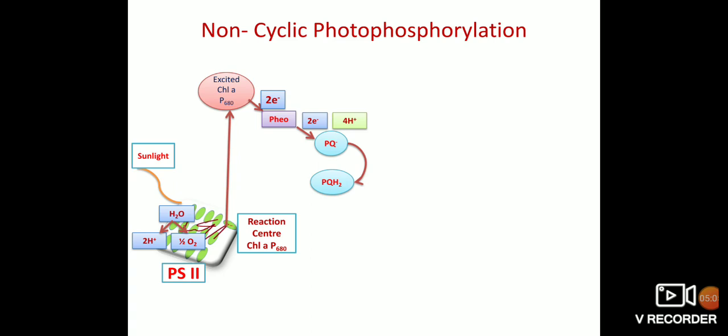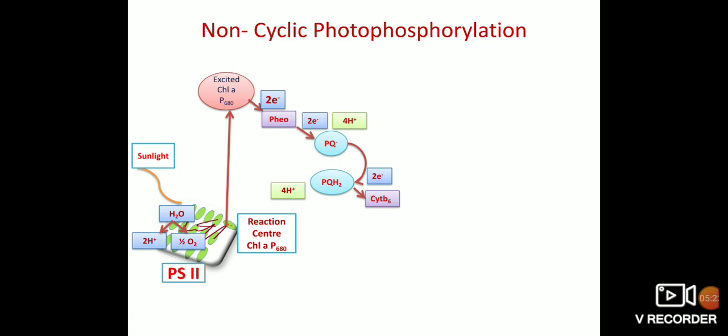gets excited by releasing the electrons, and these electrons are then accepted by cytochrome B6. Simultaneously, the plastoquinol also liberates the 4 protons.